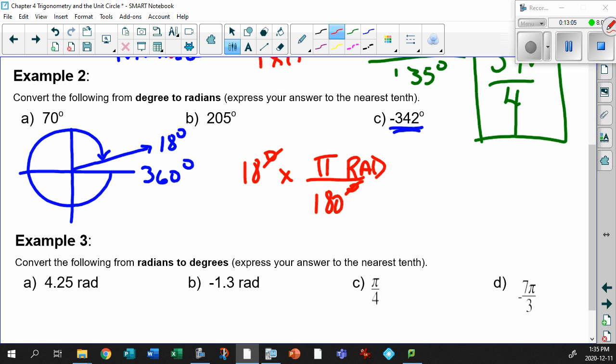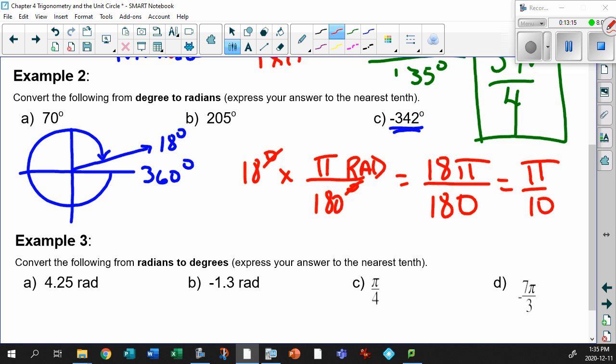This is going to give us 18 pi over 180, which is basically pi over 10. Oh, we can convert that into a decimal. No problem. And it says to the nearest tenth. Well, you know pi is 3.14. Divided by 10, this is going to be 0.314 onwards, but it only says to the nearest tenth. So you're actually going to be at 0.3 rads.